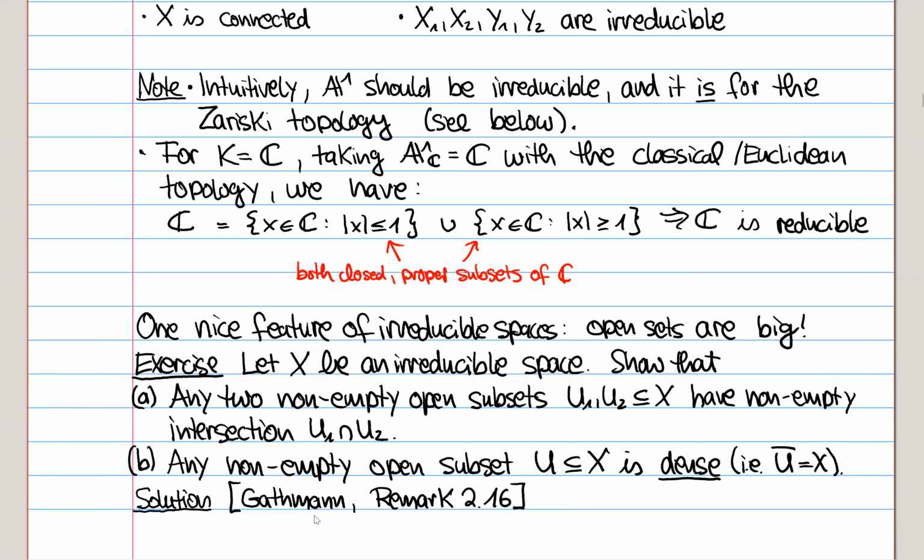If you want to see the solution, you can also look at Gathmann's script. It explains the argument in this remark. So in this video, we saw the definitions of irreducible and disconnected, and connected and reducible. In the next videos, we're going to apply this to the concrete example of affine varieties.